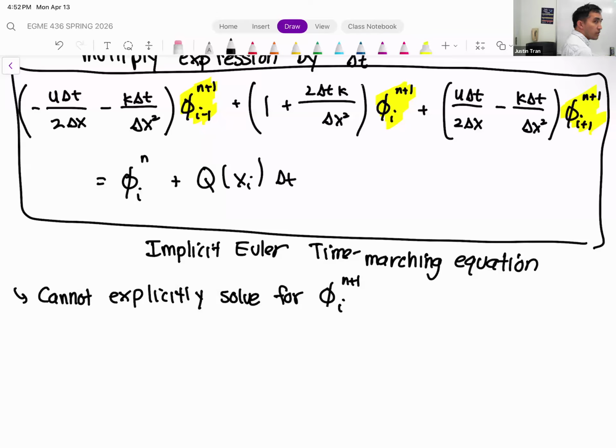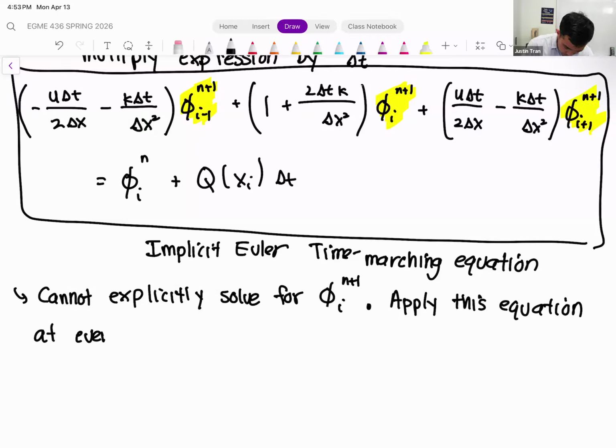Just like we did for explicit Euler, you apply this equation at every single node in your grid, so i is equal to 1, 2, 3, 4, 5, if you have five grid points, just like our last example.